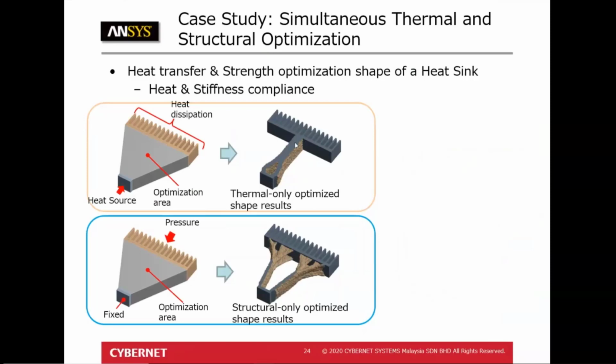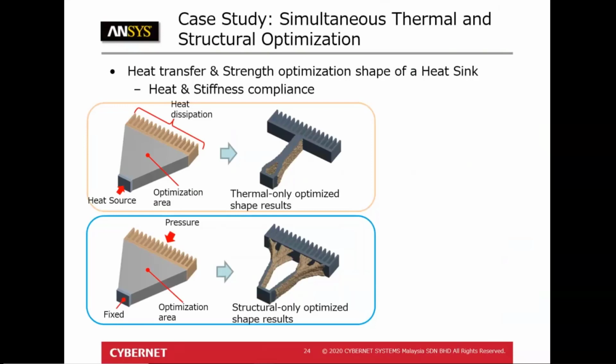Now, for the second optimization, here we have only concern on the structural performance of our model. The heat source point from the previous analysis was fixed this time during the structural only optimization, and the pressure is loaded on the fin.